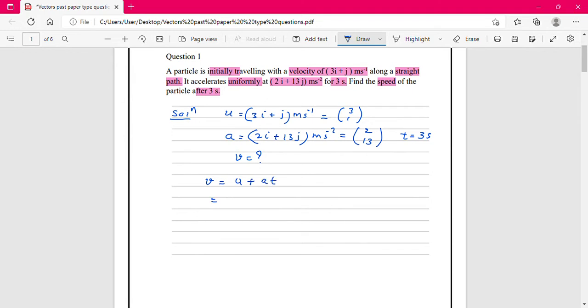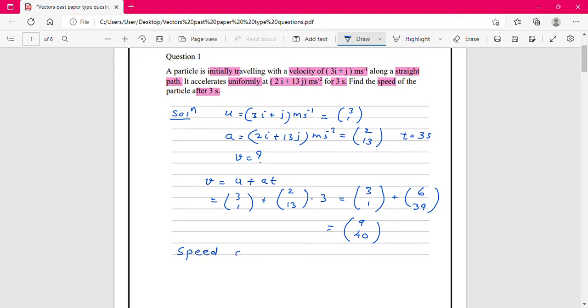So your u is (3, 1), a is (2, 13) and t is 3, which is (3, 1) plus (6, 13 into 3 = 39). Now add component-wise: 6 plus 3 is 9, 39 plus 1 is 40. And since the particle is traveling along a straight path, the speed is the magnitude of the velocity.